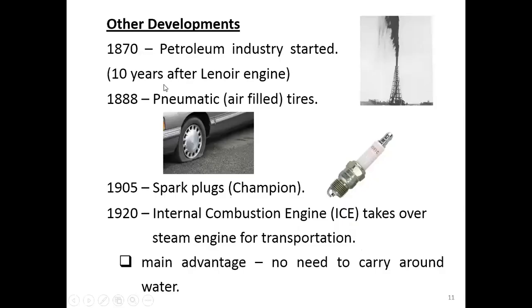Okay, look at the other developments. In 1870, the petroleum industry started, and I put in the bracket here, 10 years after the Renault engine. So the question is, what was the fuel used for the Renault engine and even for the Otto engine at the very beginning? Can anyone give me some idea of the fuel used at the very beginning of engine history?